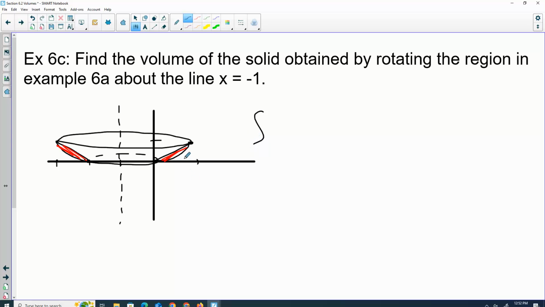All right, so my y values. The 0 and 1 were from x's, but remember the curves we were looking at? If you put in 0, the y is still 0. If x is 1, then y is 1, so that doesn't change much. Okay, it's still hollow, so we have to do the outside squared minus the inside squared.